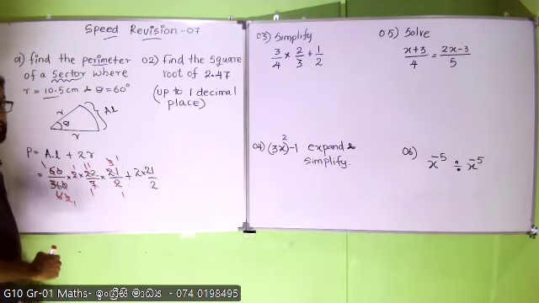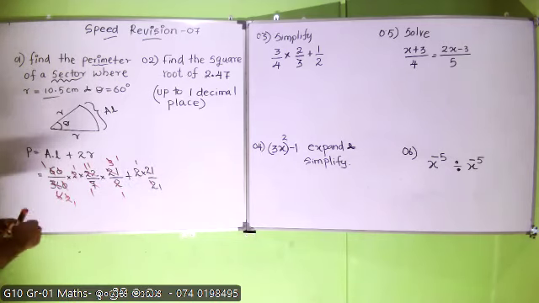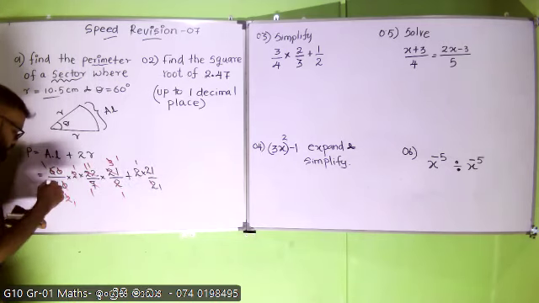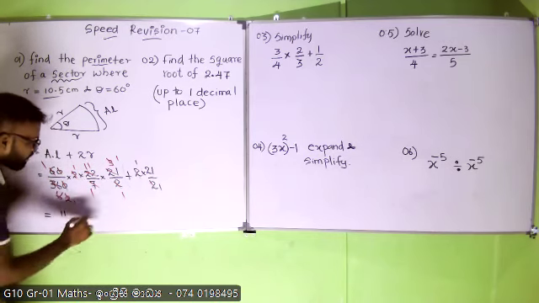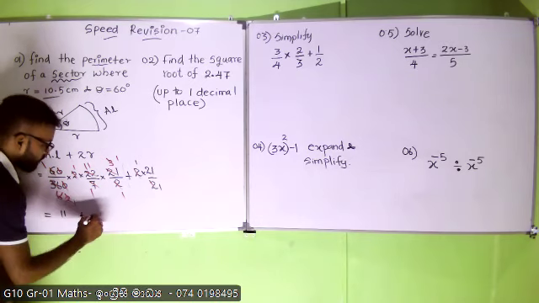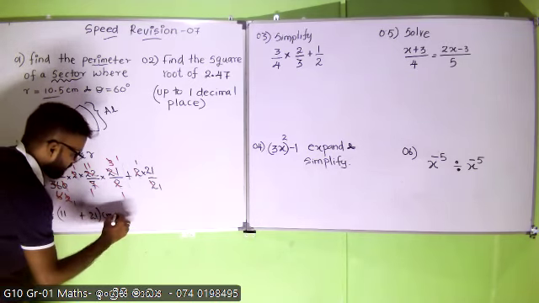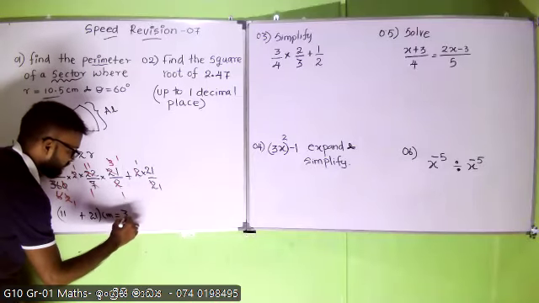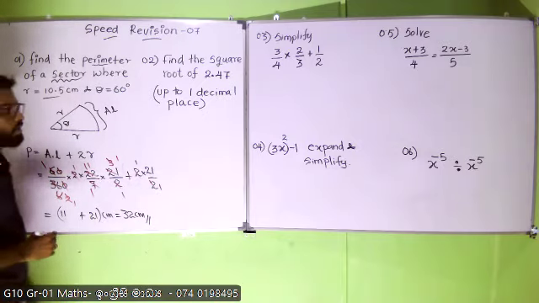So 11 in the numerator and all the others are 1. So here 2 times 1, 2 times 1, so done. Equal mark. Here you have 11 plus 21. All of these lengths are in centimeters. So your answer should be 32 centimeters for the first part.